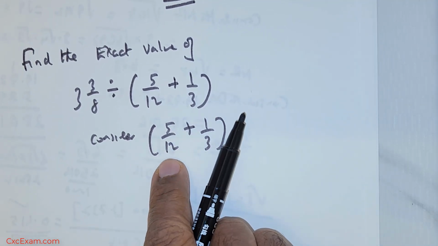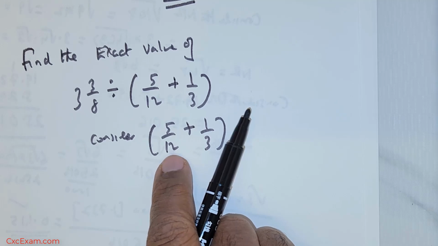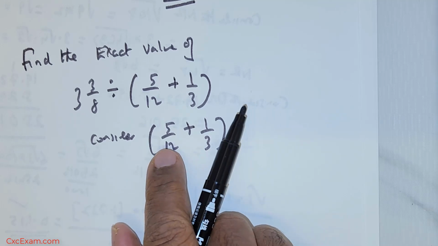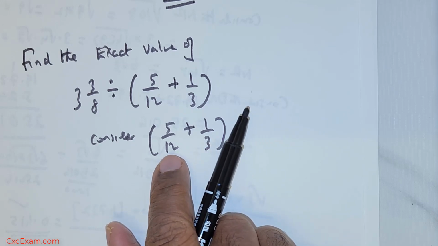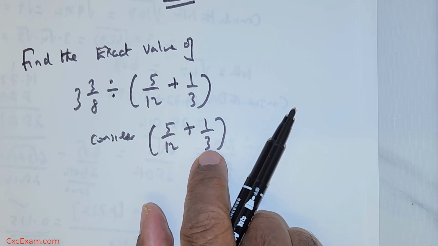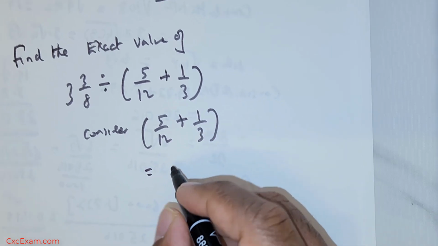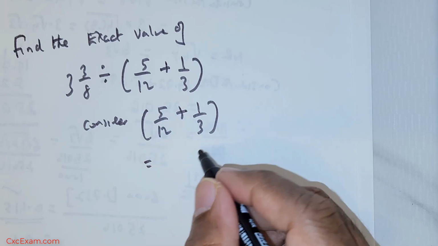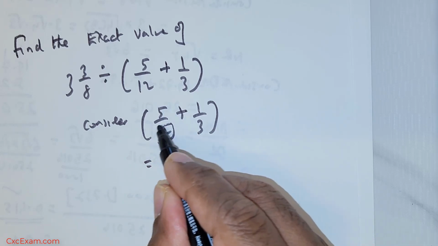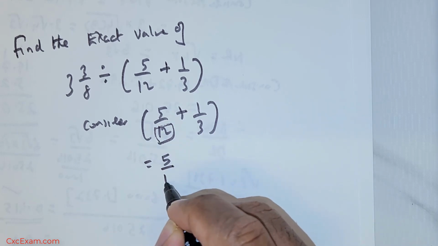Now the denominator is 12. So we will change this so that 12 occurs also at this particular spot. In other words, I want the denominator for both the terms to be one and the same, and in this case 12 is the denominator that I am aiming at.